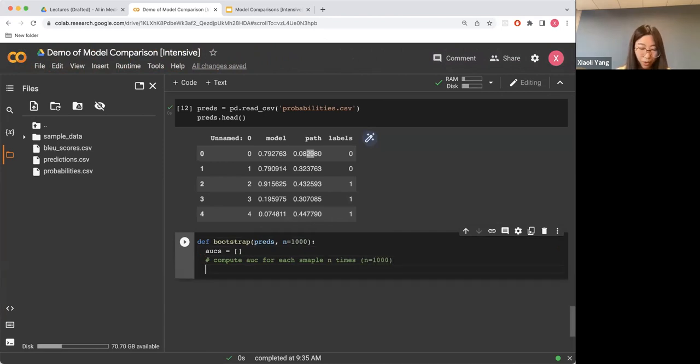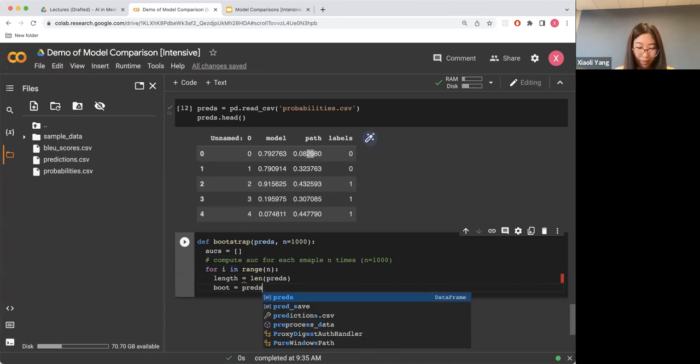So we loop through this number of times, and for each sample, we need to first figure out how many samples we need to resample from the original data set. Usually this is equal to the size of our original data set, so it will be len of price. And then we create our bootstrap resample.